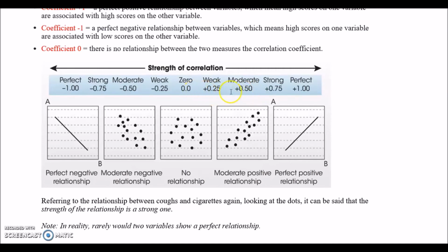Moderate should be somewhere from 0.5 to 0.75. Okay, anything above 0.75 to 0.90 should be strong. If it's 1, that means it's a perfect relationship. So this is the strength of the correlation. And with the correlation coefficient, that's how you know what is the strength of the relationship.